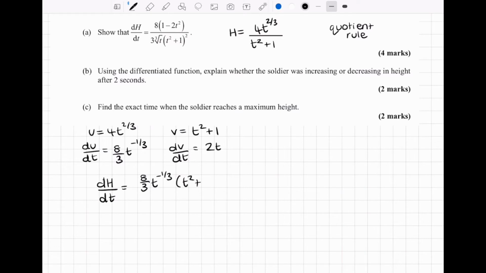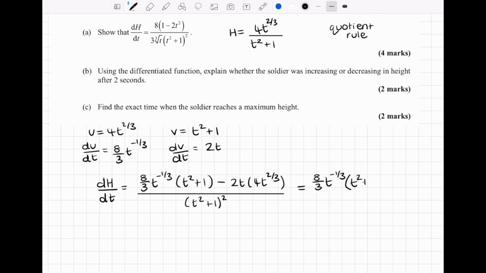So we have 8/3 t to the -1/3 times t squared plus 1 minus 2t times 4t to the 2/3, all over t squared plus 1 all squared. And then we've just got a little bit of simplifying just to make it look like our answer.